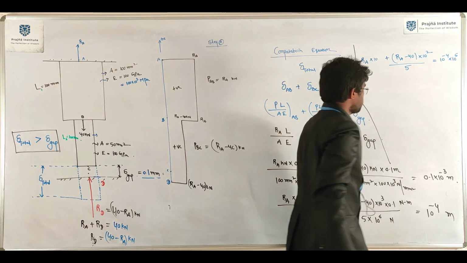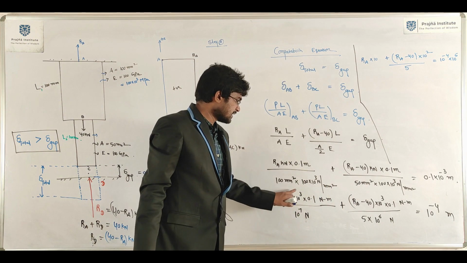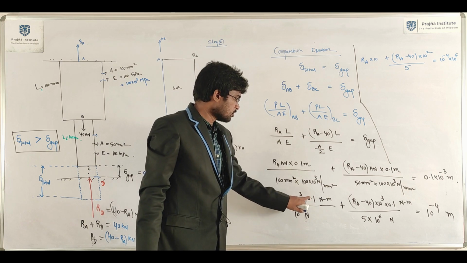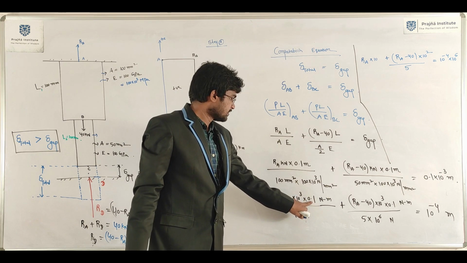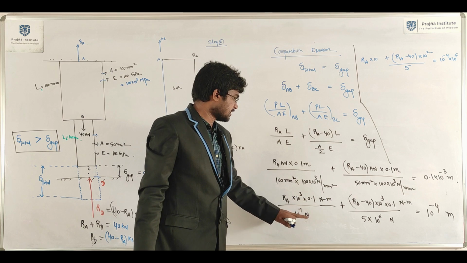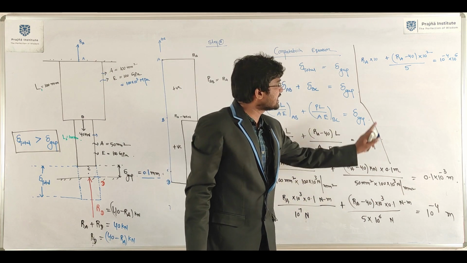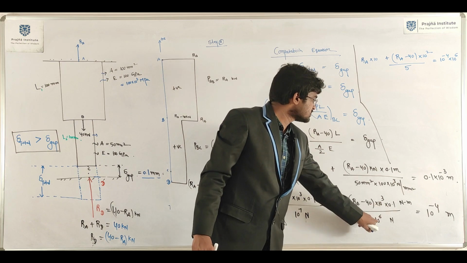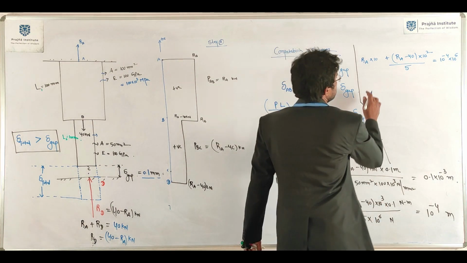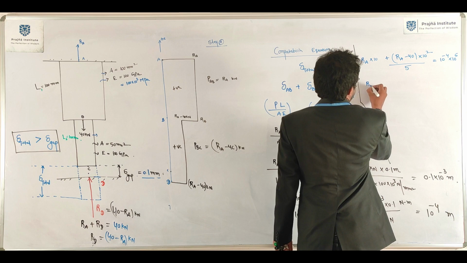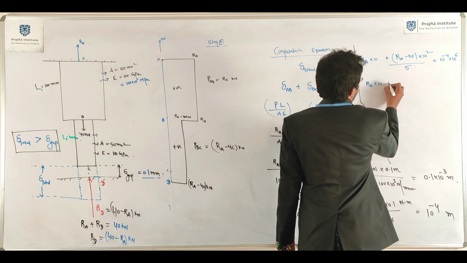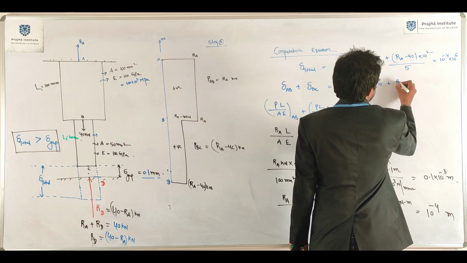Just 10 gets cancelled out, one more 10 will be cancelled here, so 10 will be remaining. RA minus 40 into 10 square will come here, 10 power 6 will go that side. Finally, RA into 10 plus RA minus 40, how much is this?